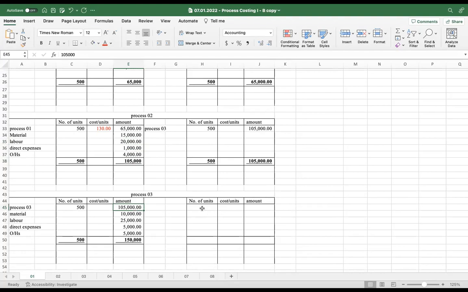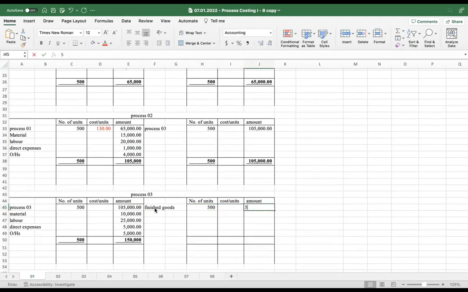Right? Now, from process 3, we are taking the values to finished goods. Clear? So finished goods account, 500 units.